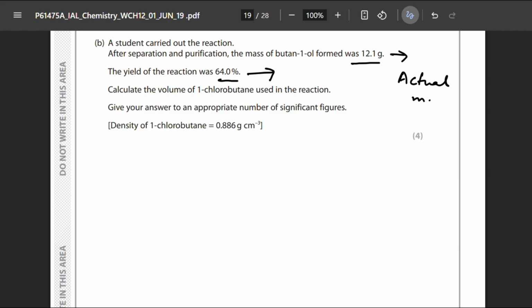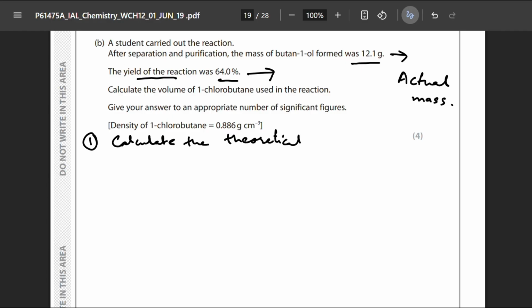So this mass of butan-1-ol is basically the actual mass. But how can we calculate the number of moles? For that we need the theoretical mass. So how do we calculate the theoretical mass? By using the formula for the reaction yield.